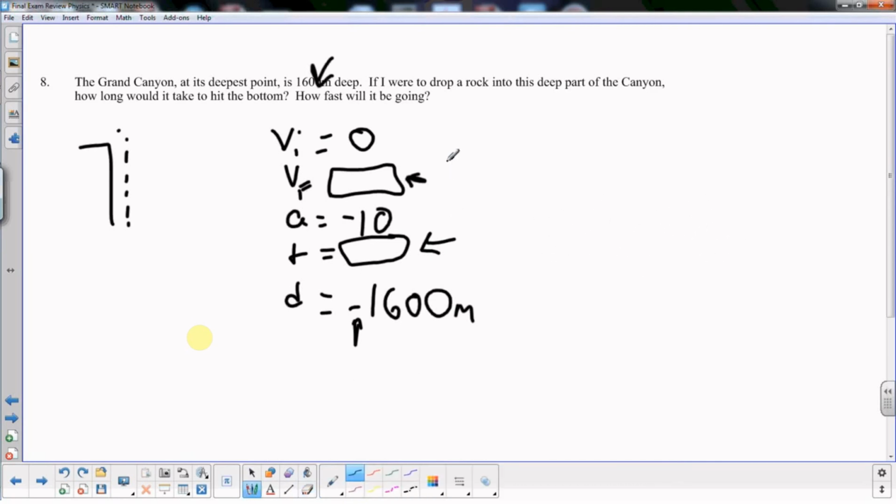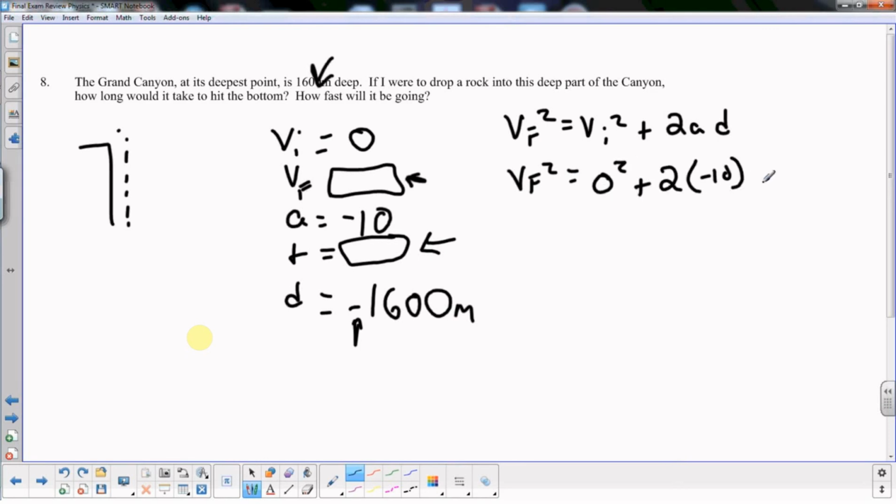So what we will do is Vf squared equals Vi squared plus 2ad. Our final velocity is what we're looking for. Vi is 0, that couldn't be easier, plus 2 times -10 times 1,600. Apologize, why do my zeros always look like 2's?